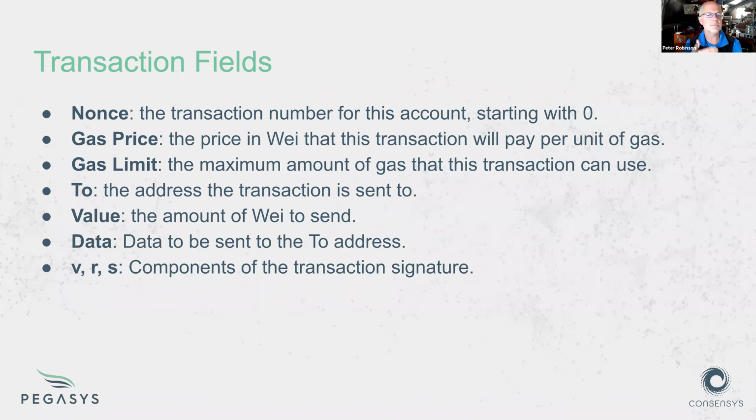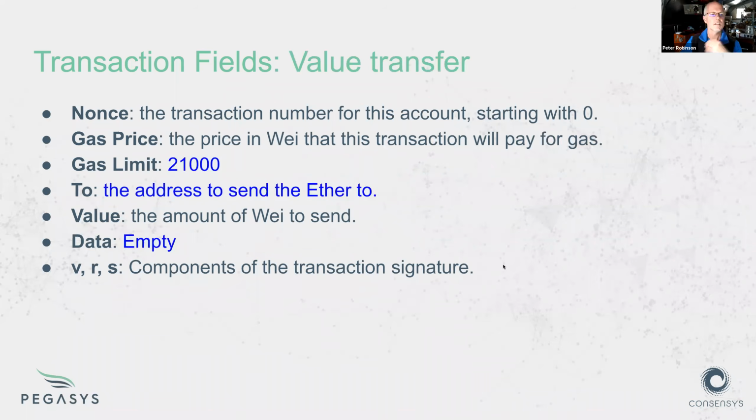You've got the gas price, which is how much you're prepared to pay for gas in terms of ether, or in particular wei, where a wei is a unit of 10 to the minus 18 of ether. You've got the gas limit, which is the amount of gas you're prepared to use, the to address, so who you're sending the transaction to, and the value, and the data to be sent to the to address, and the signature.